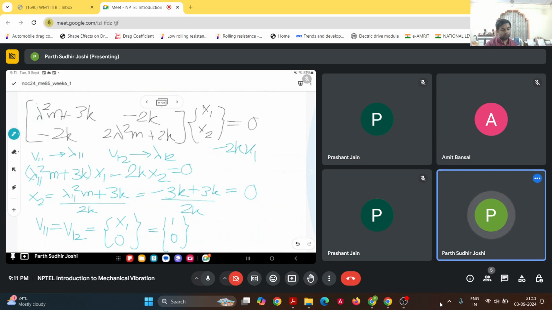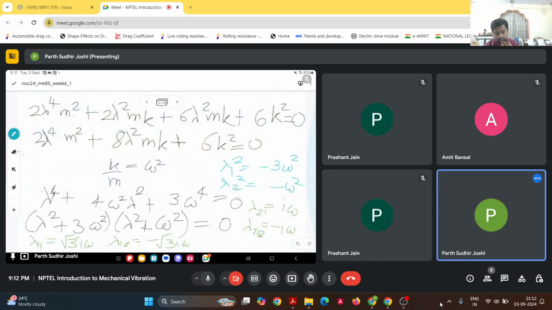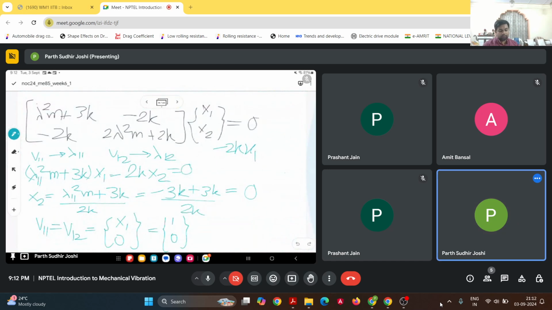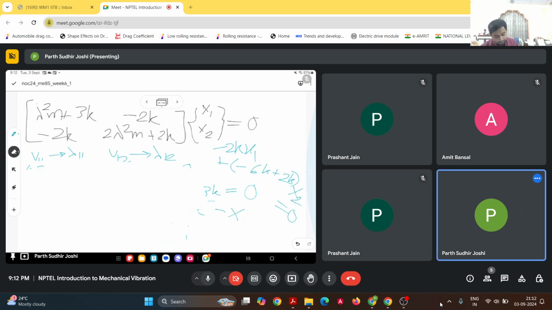So lambda 11 square m is minus 3 omega square times m, since lambda 11 square is minus 3 omega square.